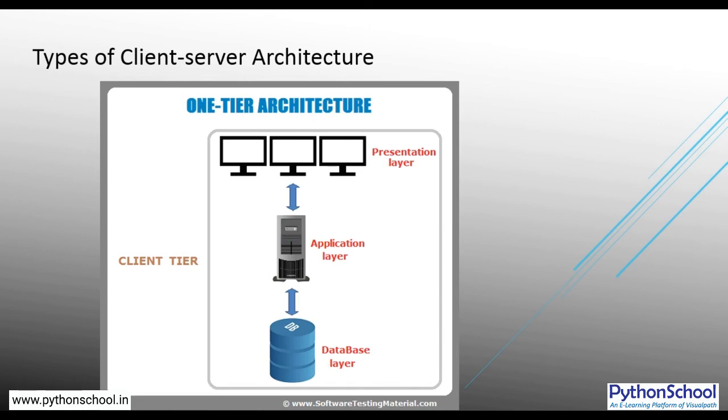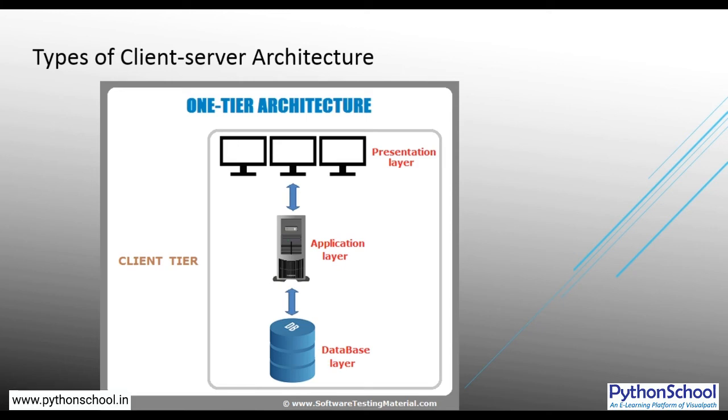So, in a simple way, the presentation layer is the view of an application. The application layer performs operations on the application, that is the main functionality of an application. And the data layer is the repository of data, which shares and retrieves the data according to the request.